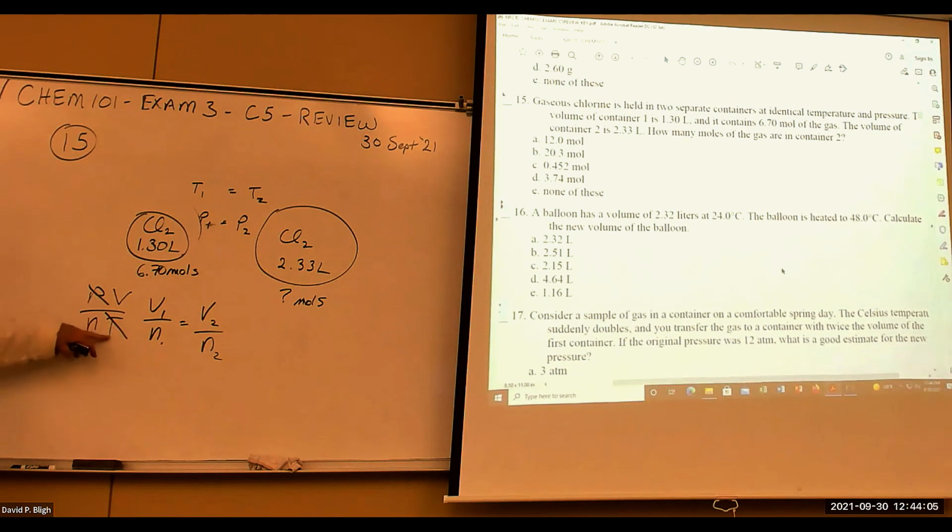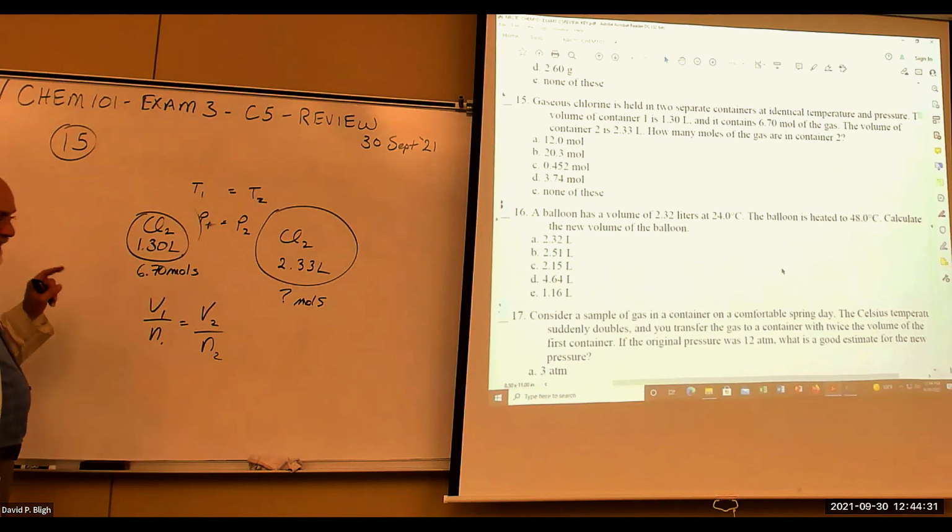Because we know the pressure and temperature are constant, that means volume and moles vary. So that's the law we're going to use. By the way, which one is that? Yet again, guy was an Italian. Avogadro's law.